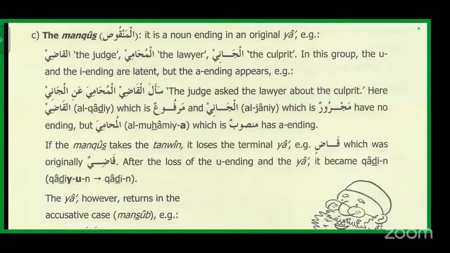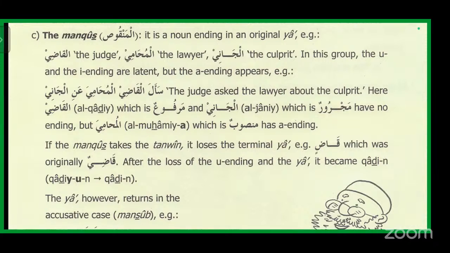Example: Sa'ala al-qadi al-muhamiya anil jani. The judge asked the lawyer about the culprit. Here al-qadi, which is marfu'un, and al-jani, which is majrur, have no ending, but al-muhamiya, which is mansubun, has the a ending.